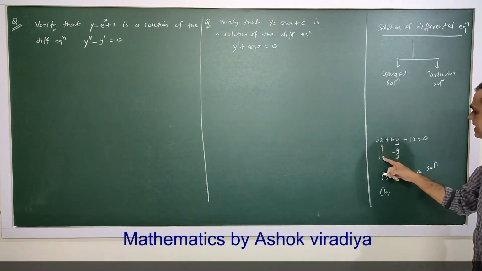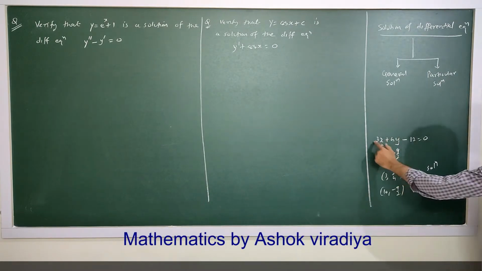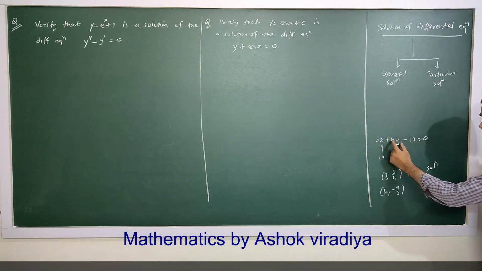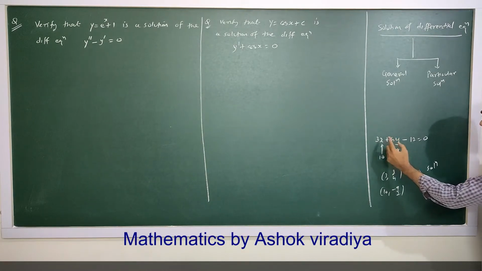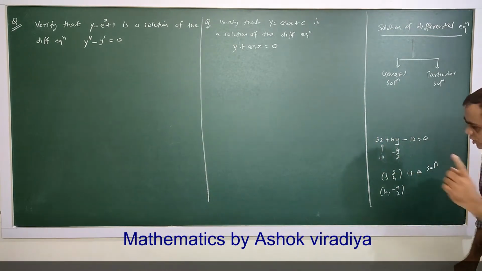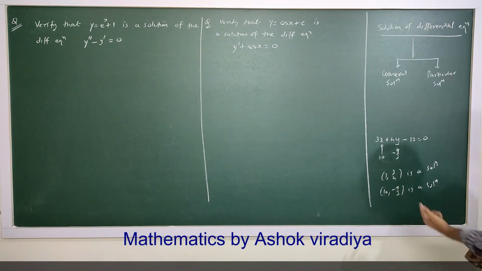So if I keep x as 10 and y as minus 9 by 2, 10 into 3 is 30, 4 into minus 9 by 2 is minus 18. So 30 minus 18 is 12, 12 minus 12 is 0. So this is a solution, another particular solution. So we can get many particular solutions. As we change the number, the other will change.